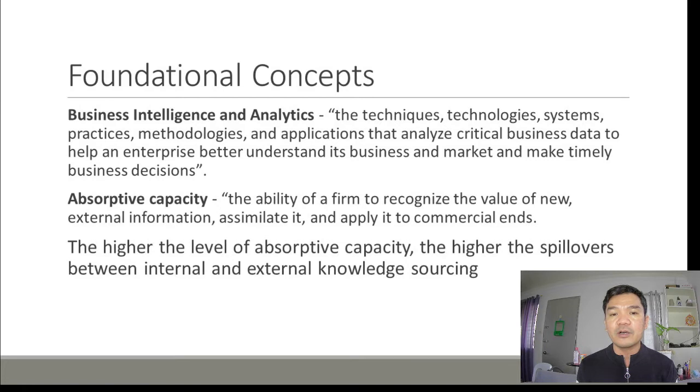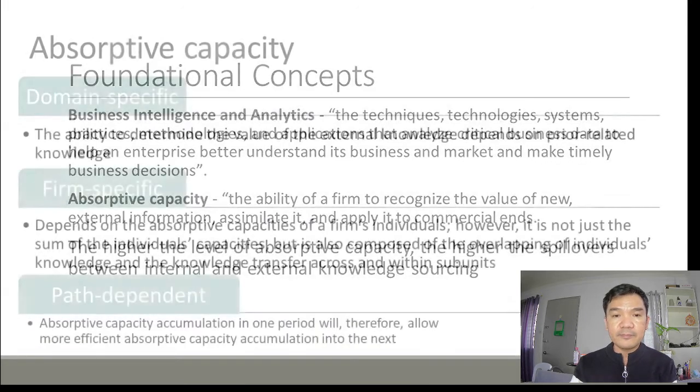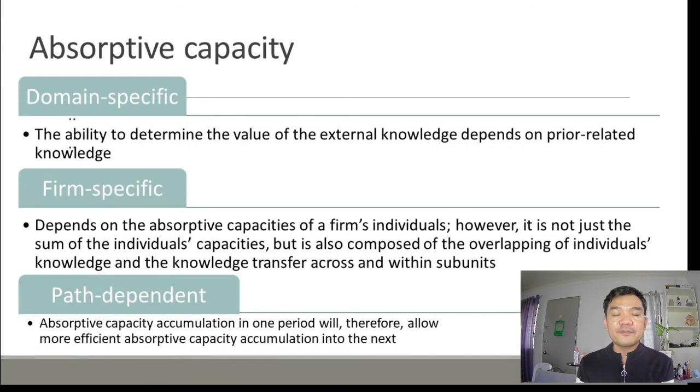I think the term spillovers here is the mix of internal and external knowledge. Spillover is an economic term, and here it is used for knowledge in the organization. So we have a further definition of the absorptive capacity.